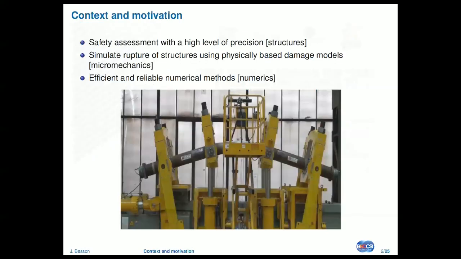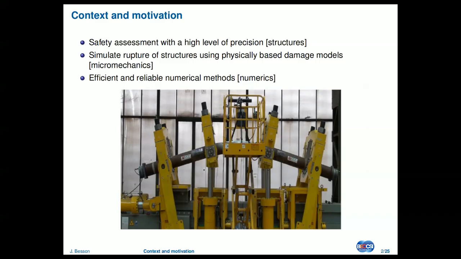Obviously, when you're operating nuclear power plants or nuclear reactors, you want to make safety assessments with a very high level of precision. And in some cases, you want to have a very fine, detailed analysis of cracks or defects. So to do that, we want to simulate the rupture of structures, but we'd like to use physically based models so that we have more insights of what's going on in the material.